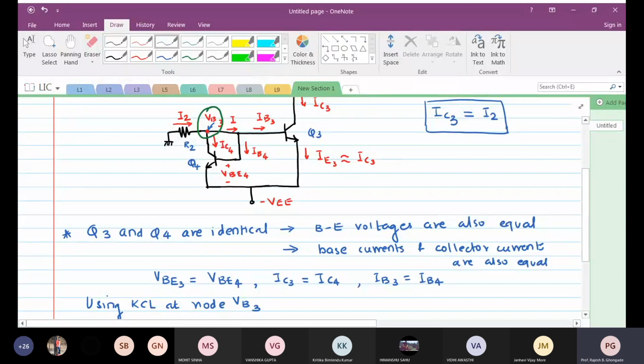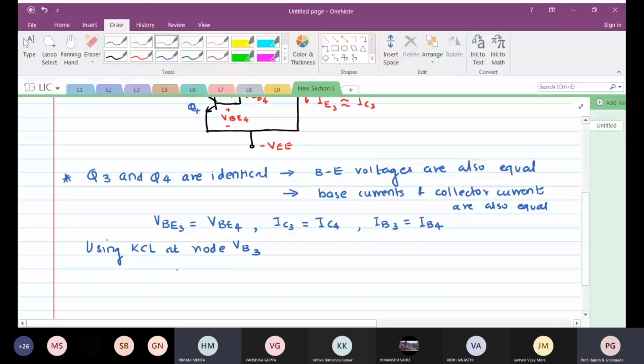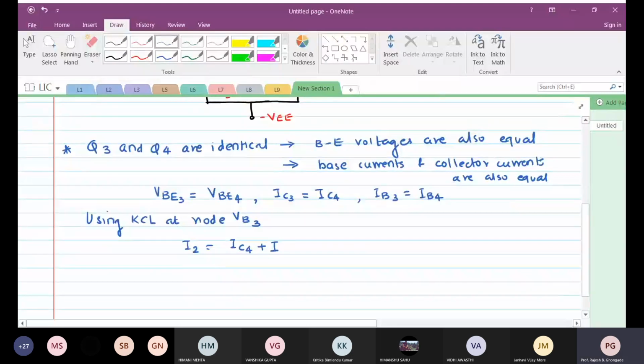If you apply KCL at node VB3, what do you get? I2 equals IC4 plus I.